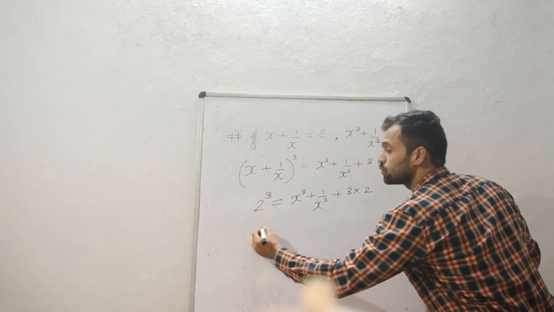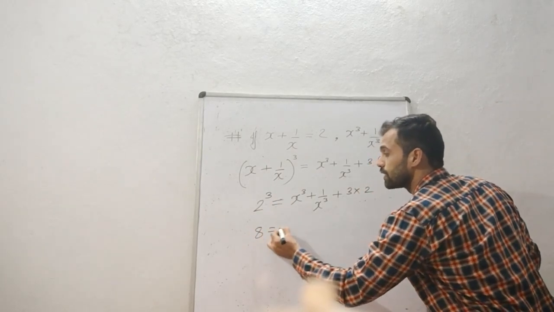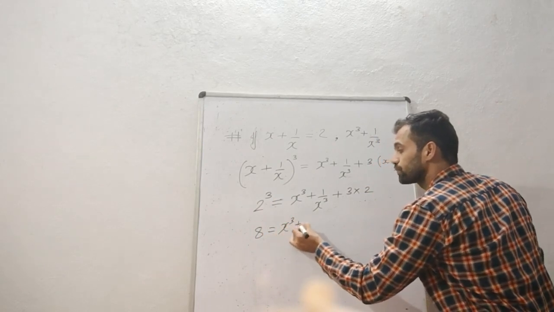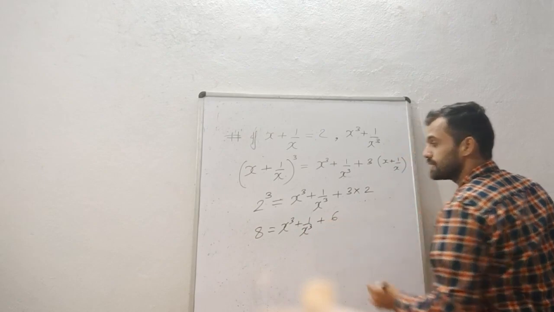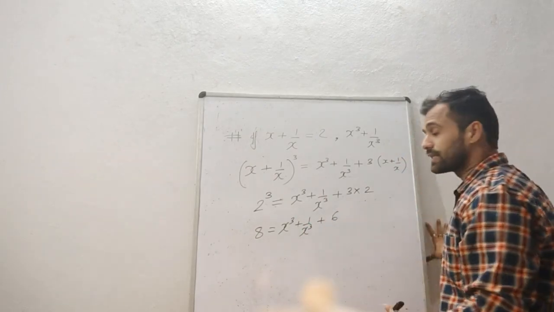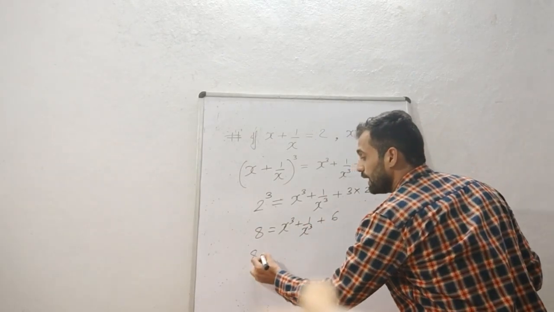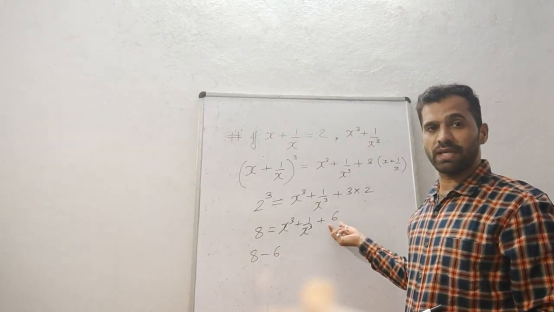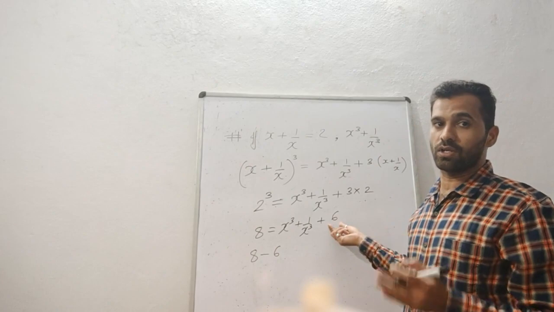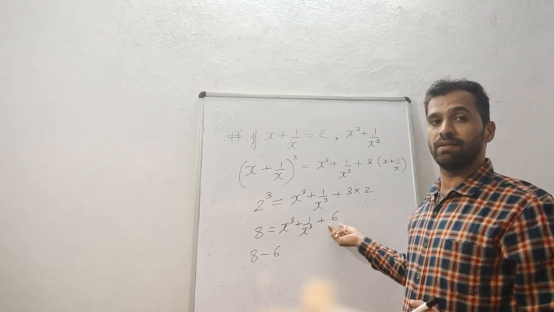2 cube is 2 twos are 4, 4 twos are 8, that is x cube plus 1 by x cube plus 6. We will transpose 6 to the LHS side, then it will become 8 minus 6. Whenever we transpose any value from one side to the other side, the sign will be opposite.